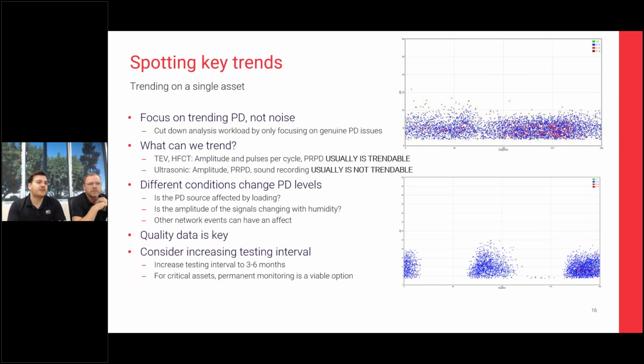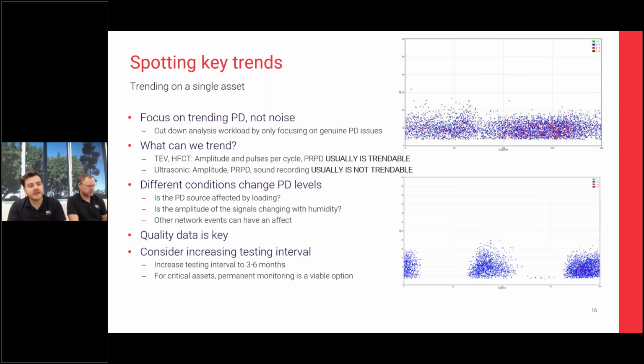Ultrasonic amplitude, on the other hand, is something that we do know does not necessarily have to increase in amplitude as it moves towards failure. So that's something you really have to take into account when you are dealing with these different types of PD defects.